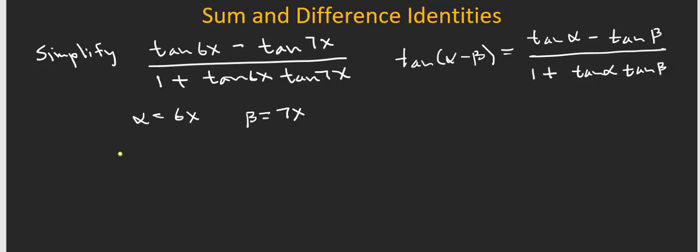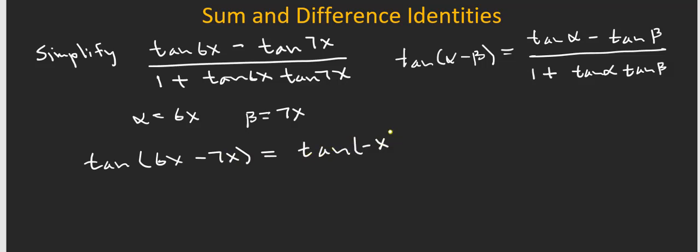So now, this is going to be the same thing as tangent of quantity 6x minus 7x, which is going to be tangent of negative x. Now remember even and odd functions? Do you remember whether tangent was even or odd? Well, tangent is odd because tangent of negative theta is negative tangent theta.